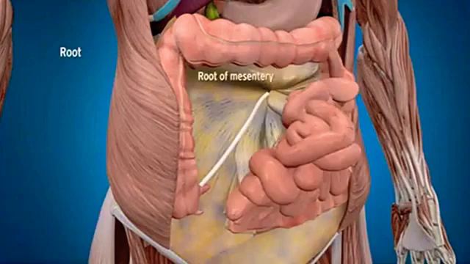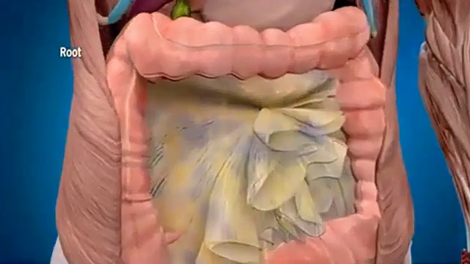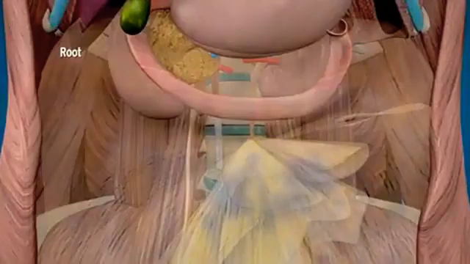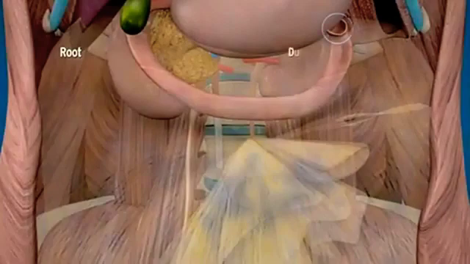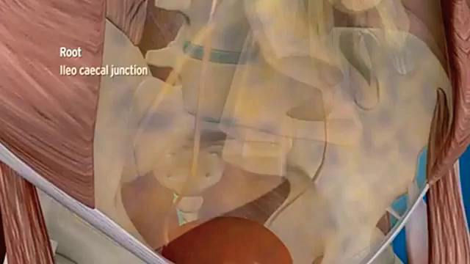Root of mesentery is about 15 centimeters in length. It extends from left side of L2 vertebra at duodenojejunal flexure to the right sacroiliac joint at ileocecal junction.